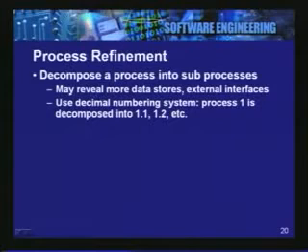So we are adding more and more details, and we also develop a simple numbering system through which we can readily show the constituent processes of a process which we have decomposed. Generally we use the decimal numbering system. So if we are decomposing process 1, then the sub-processes of that would be numbered as 1.1, 1.2, etc. This is for ease of understanding the decomposition relationship between the processes.